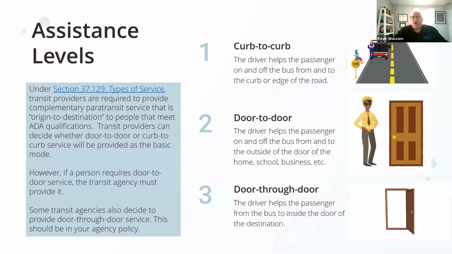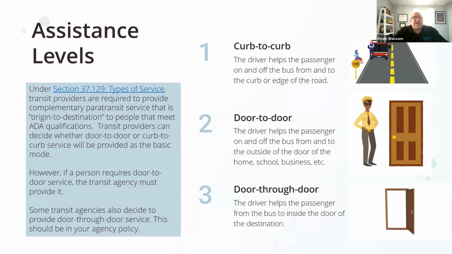A curb-to-curb type service would be the driver helping the passenger on and off the bus and to the curb or edge of the road. A door-to-door type service would be the driver helping the passenger on and off the bus and to the outside of the door of the home, school, or business, or wherever they've been taken to be dropped off.